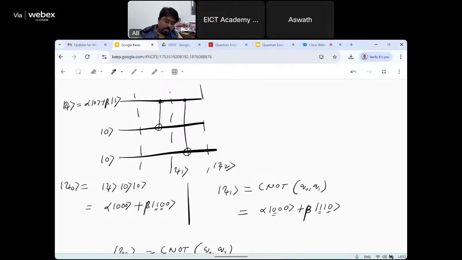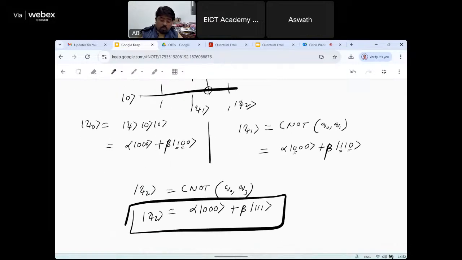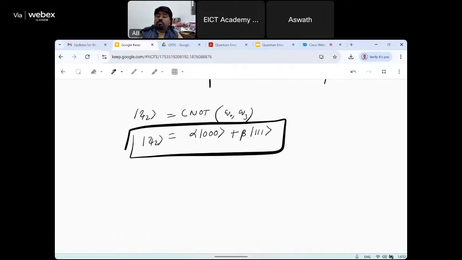So this circuit of two C naughts put together between first to second and first to third would ensure that basis change. Now if one of the qubits gets flipped, the error would lead to, let's say, psi 2 prime, where the first qubit got flipped.